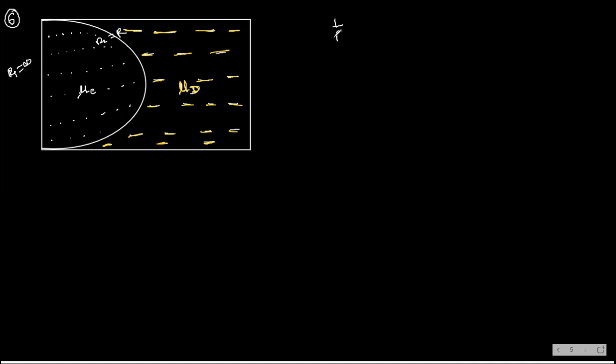So 1 by Fc is equal to (mu C minus 1) into (1 by infinity minus (1 by minus R)). You know this. So this is (mu C minus 1) into (0 plus 1 by R), just 1 by R. This is 1 by Fc.